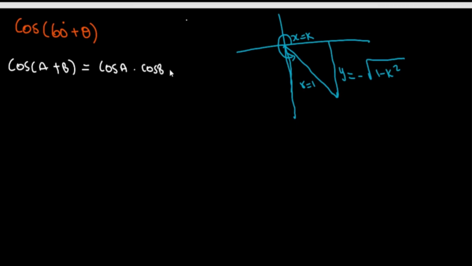What happens to the sign? The sign changes. This will be minus the sine of A times the sine of B. So what's next from here?